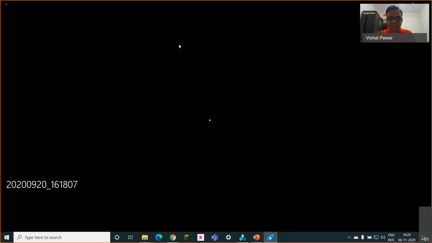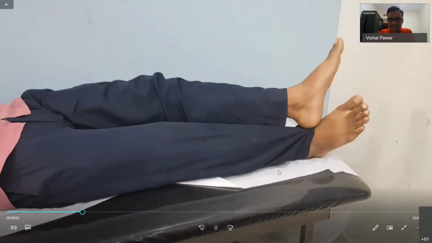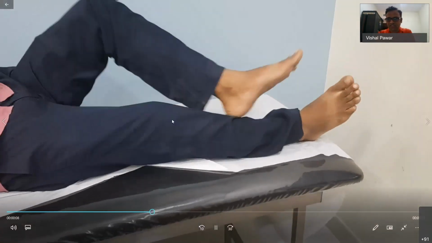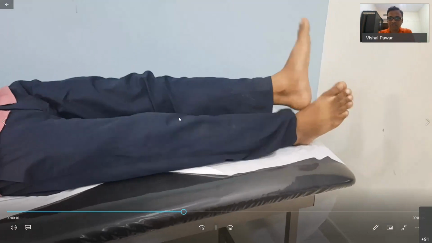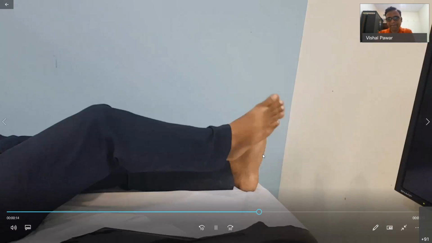Then I performed his examination, like heel shin testing, where he has to move his heel on the shin. You can see there is gross ataxia in the lower limbs on both sides.